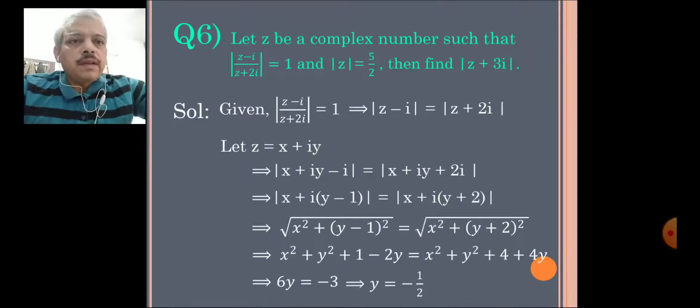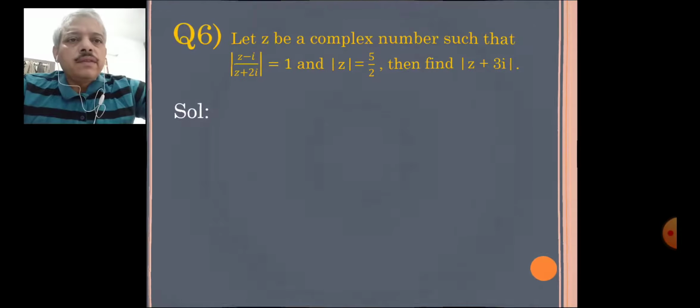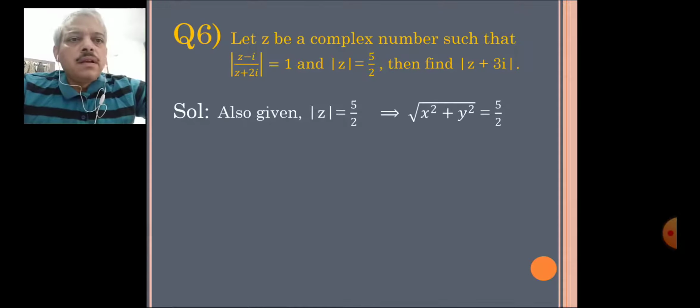Now the second fact given is that |z| = 5/2. We will use this. When |z| is 5/2, this means the square root of x² + y² is equal to 5/2. We have already found that y is −1/2, so put y = −1/2.